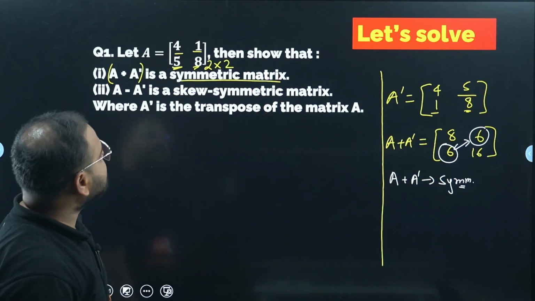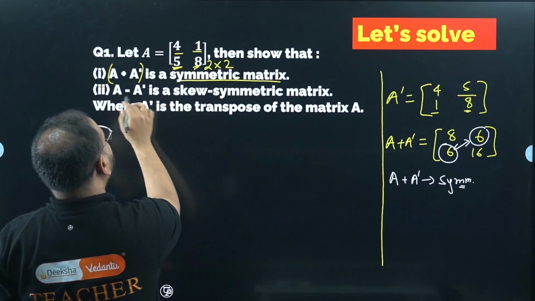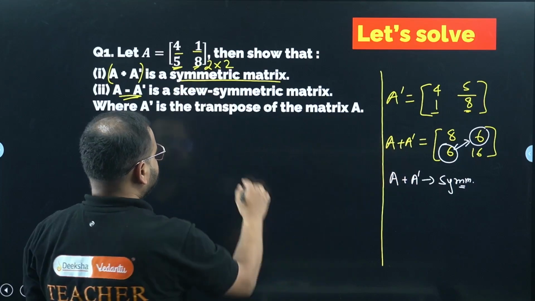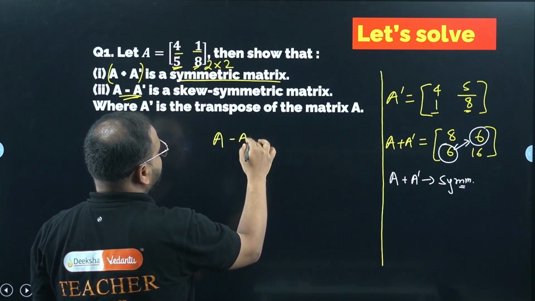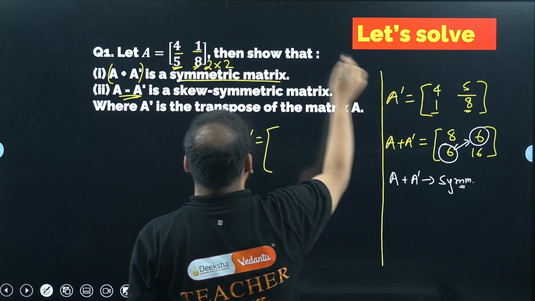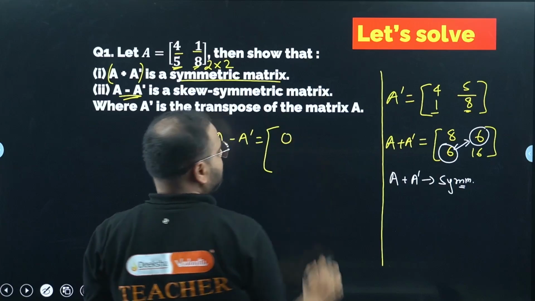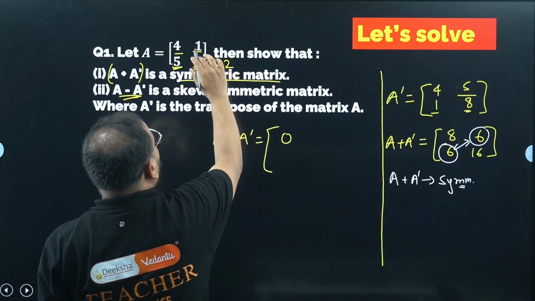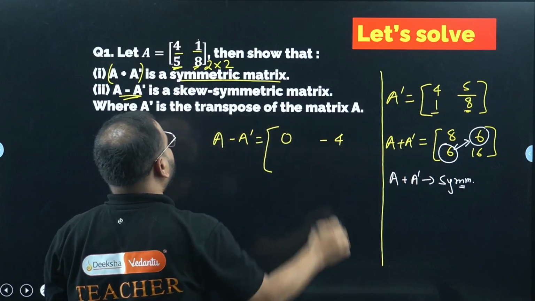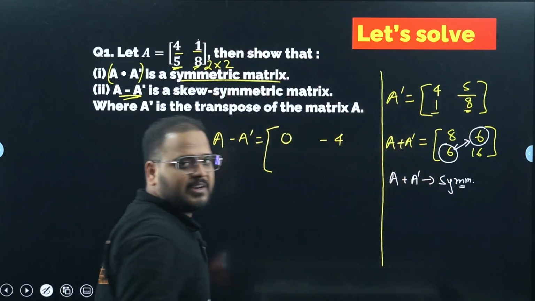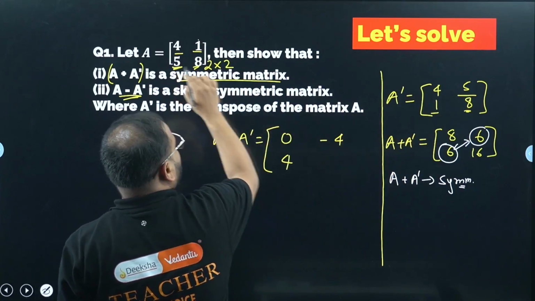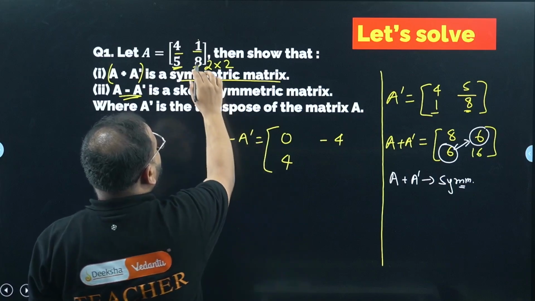Now let's move on to the second one, where we have to prove A minus A dash is skew symmetric. I have A dash also, so let's do the subtraction. 4 minus 4 is 0. 1 minus 5 is minus 4. 5 minus 1 is 4. And 8 minus 8 is 0.